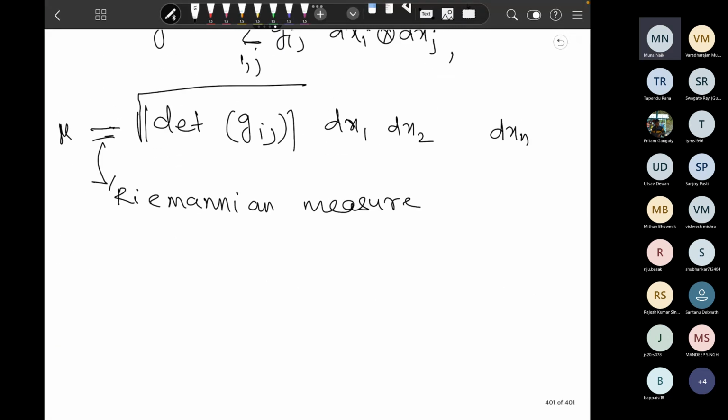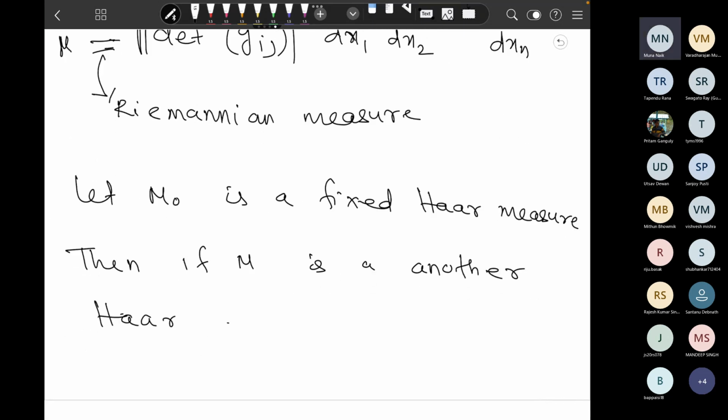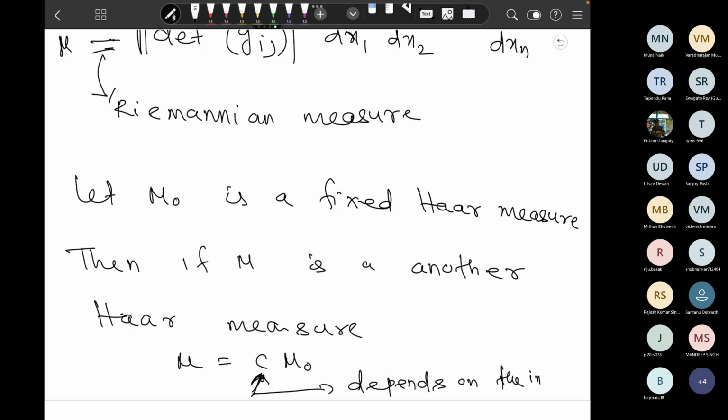So suppose you fix a Haar measure mu naught on G. Then if mu is another Haar measure on G, this mu is equal to some c times mu naught, and this c depends on the inner product on G, which was pointed out. Is it clear?